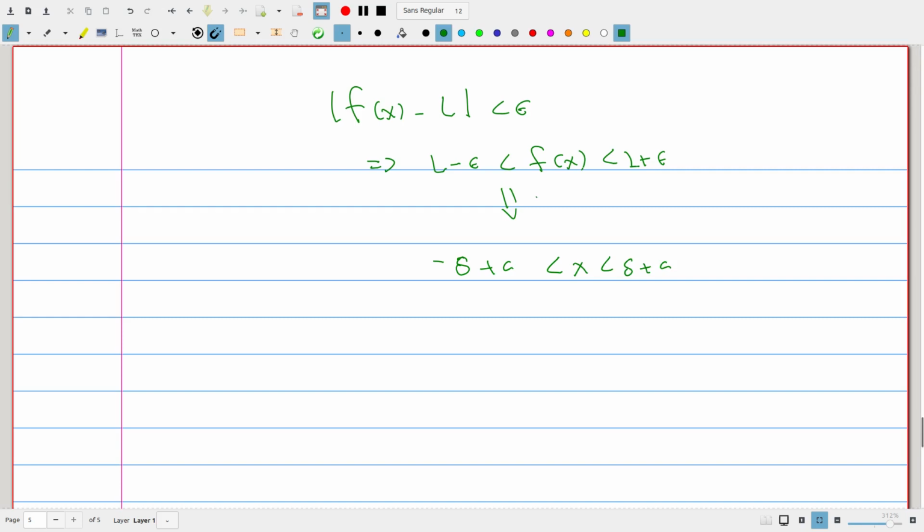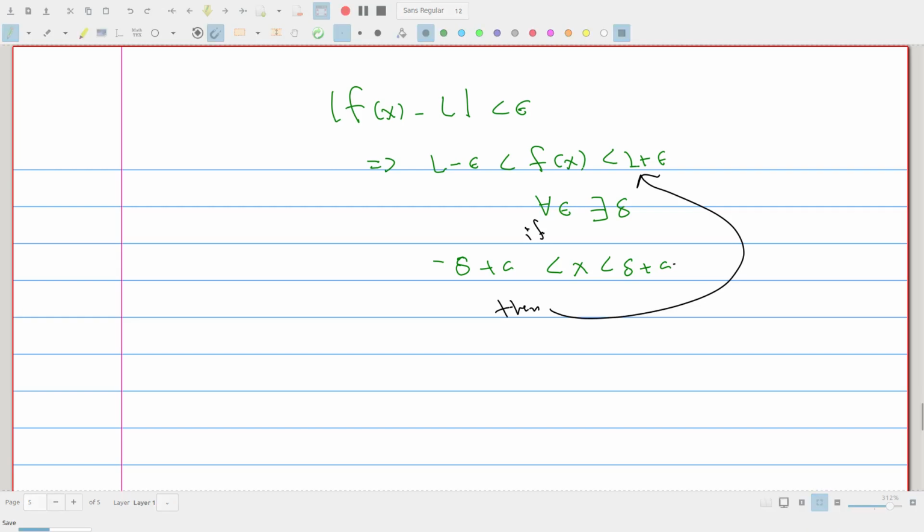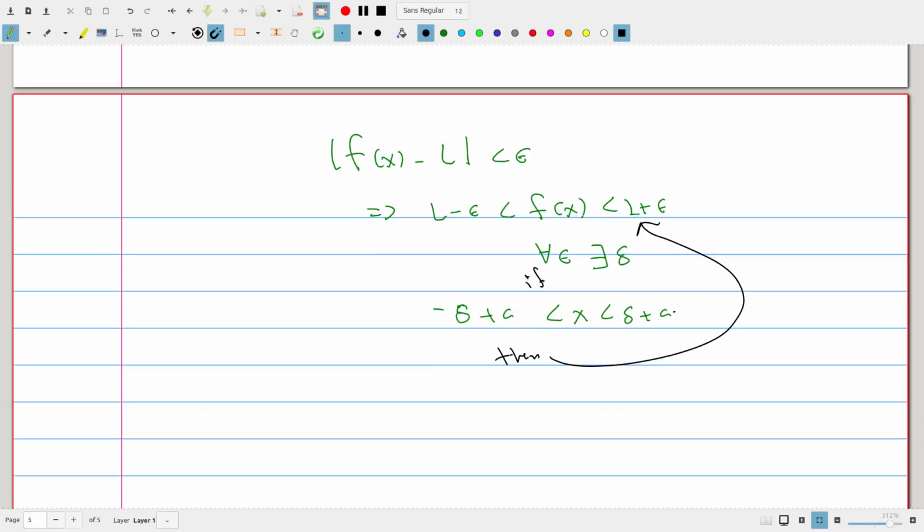For every epsilon there exists delta such that if this is the case, then you get this. Okay, so that's how we define it in terms of single variable calculus.